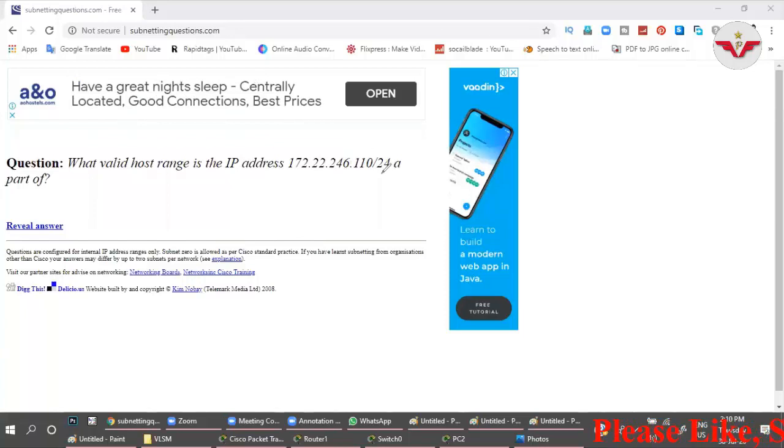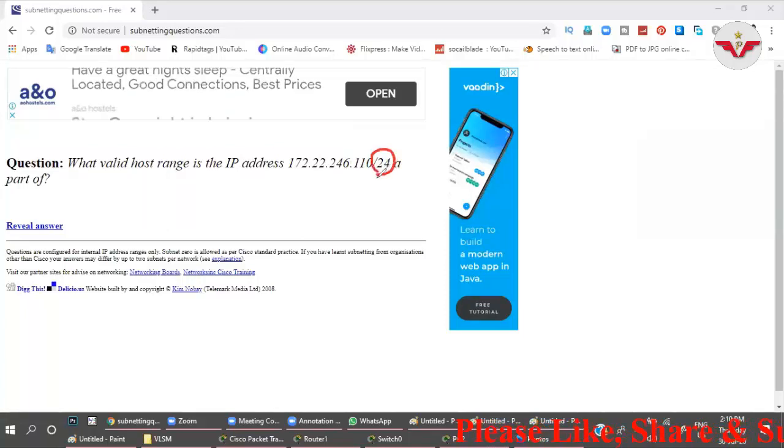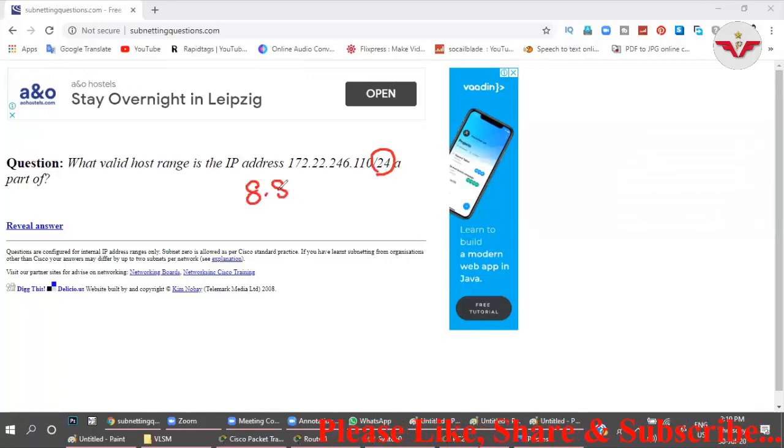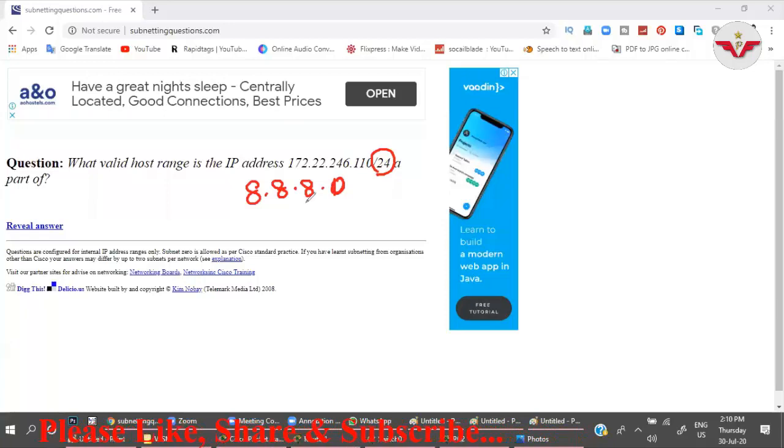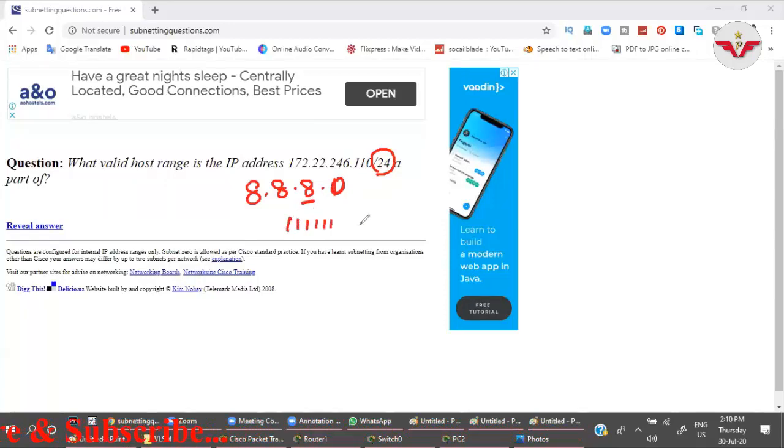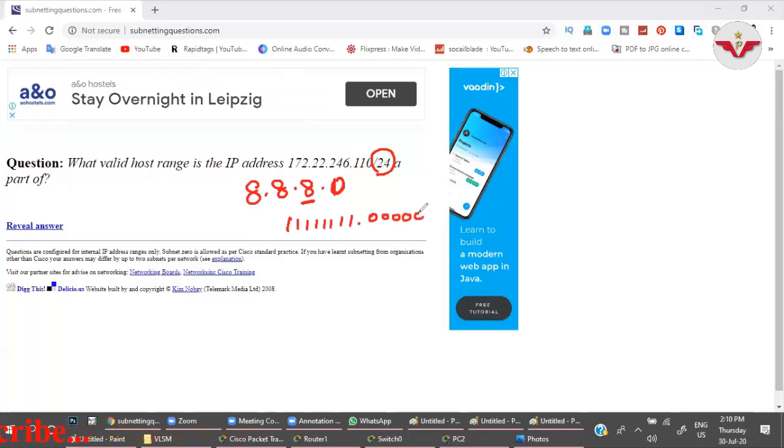Okay. Here we have 24 bits, means 8, 8, 8 and 0. The last bit on is in the third octet, 1, 2, 3, 4, 5, 6, 7, 8, and the rest are all off in the fourth octet. So this bit is the last bit which is on. The value of the last bit of any octet is 1. So we will have a jump of 1 in which octet?